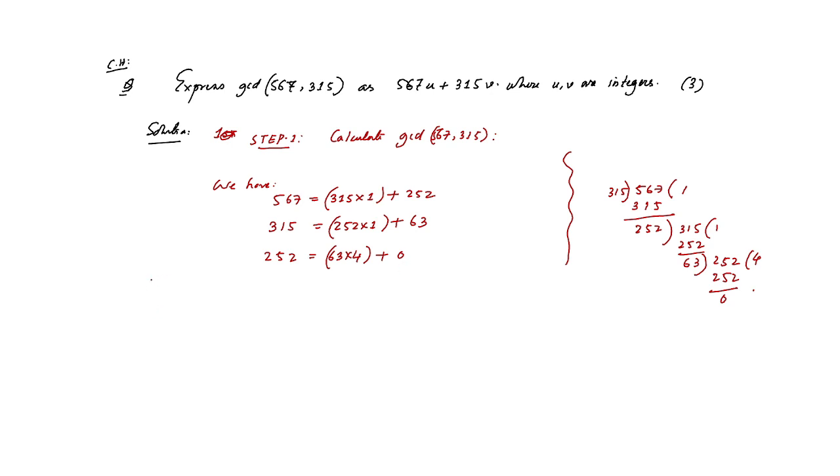So since the last non-zero remainder is 63, therefore we can write GCD of 315 and 252 will be 63, since 63 is the last non-zero remainder.